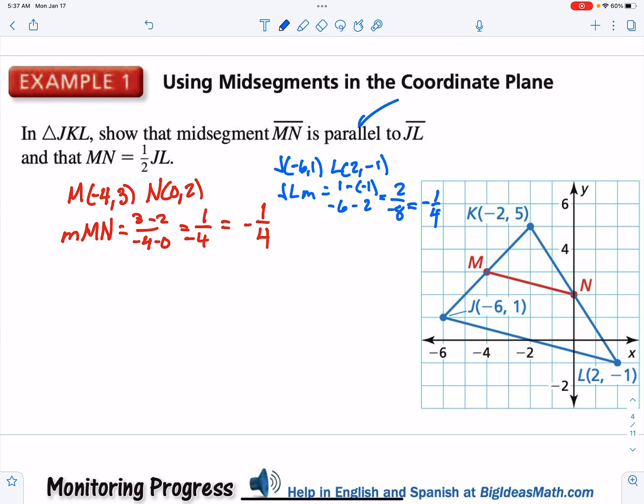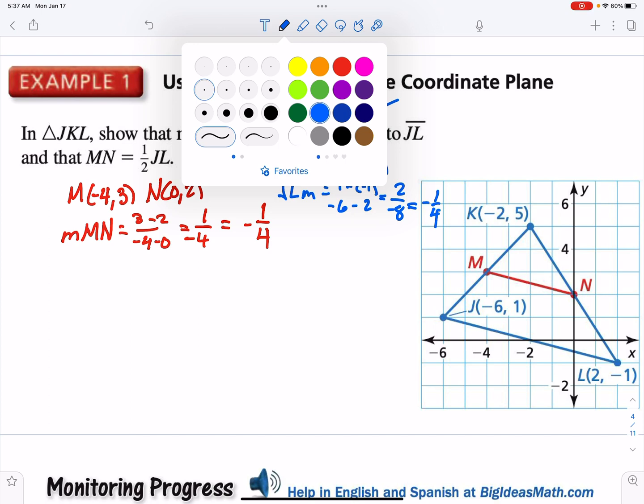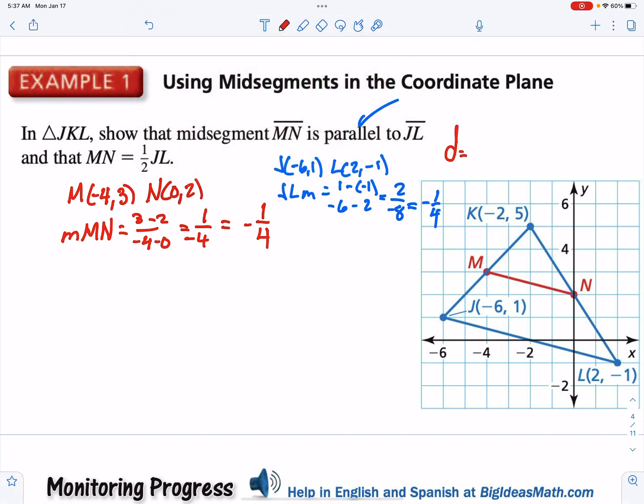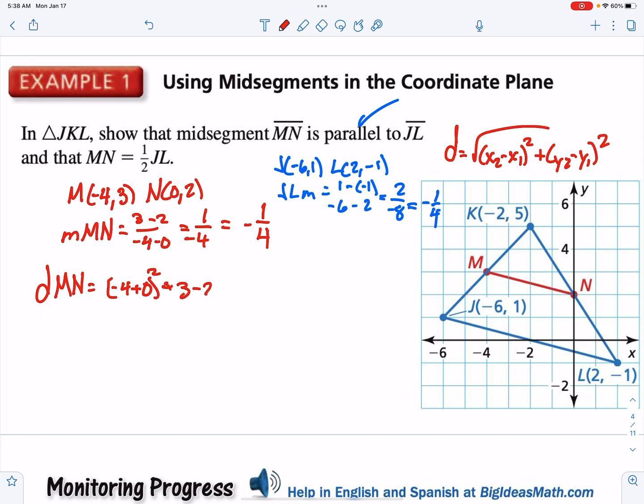Now, in order to show it's half as long, we need to find the distance. Just a reminder, the distance formula, in case you don't have it in your notes, is the square root of x2 minus x1 quantity squared plus y2 minus y1 quantity squared. So the distance of MN is -4 minus 0 quantity squared plus 3 minus 2 quantity squared.